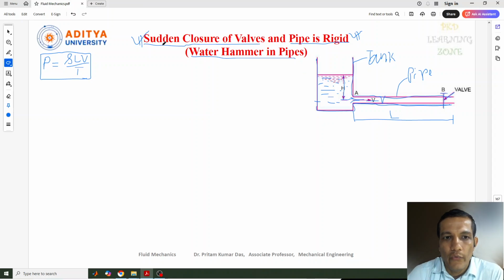Now when we discuss the sudden closure of valves, that means this valve is going to be closed suddenly.